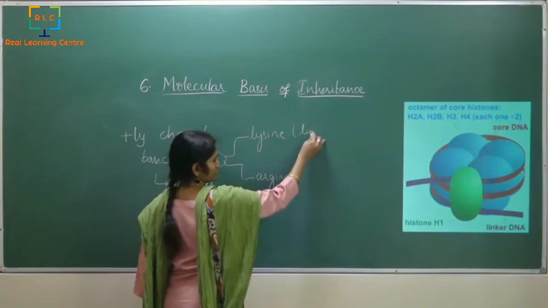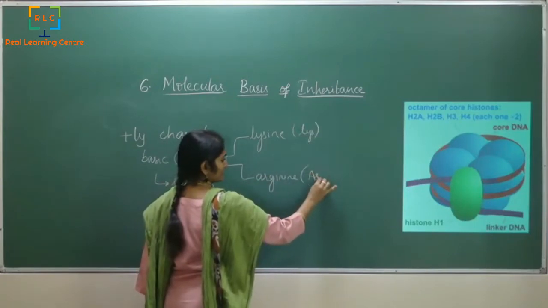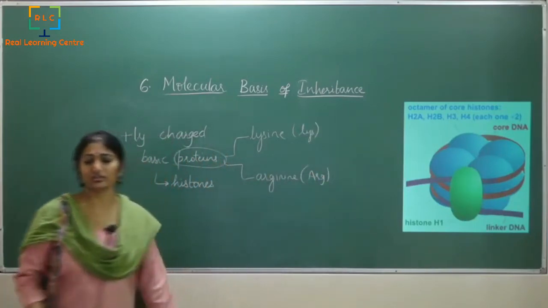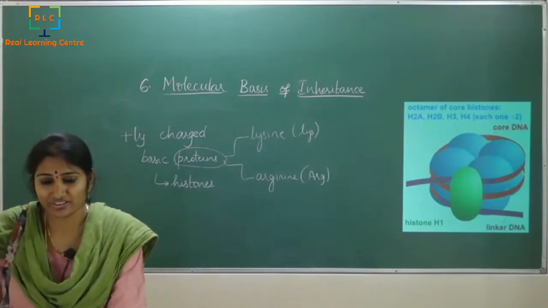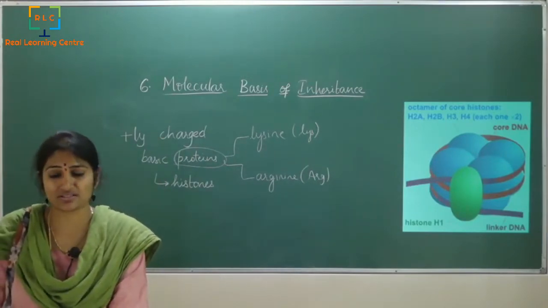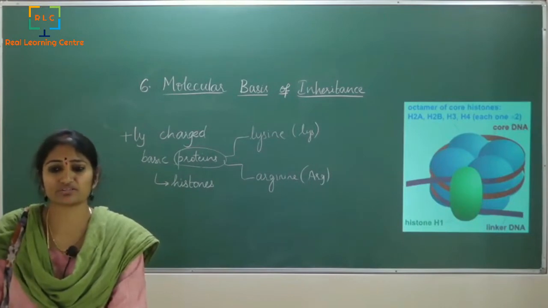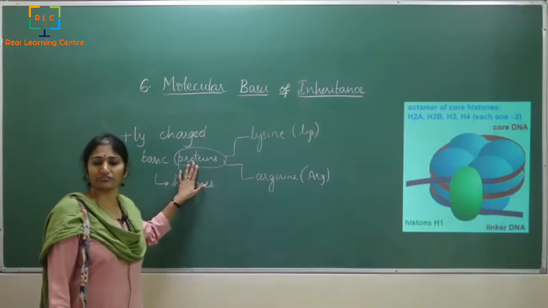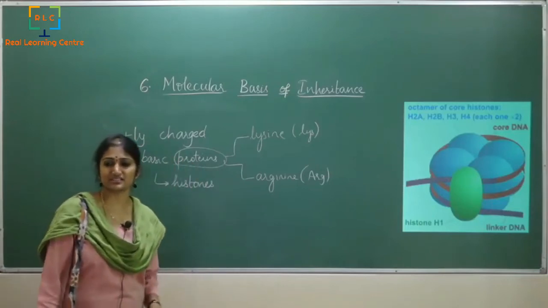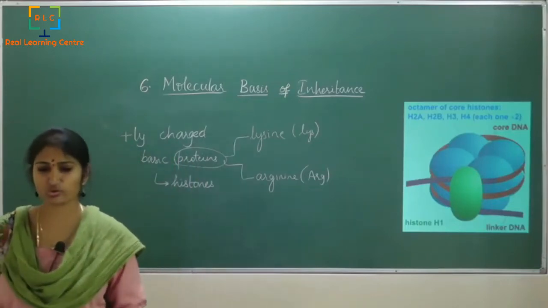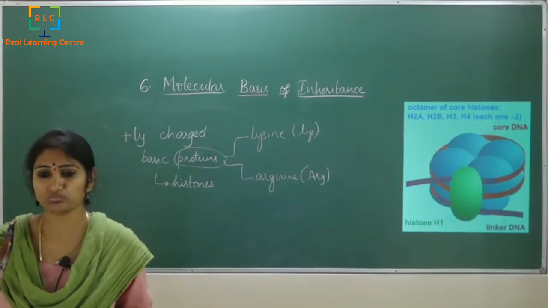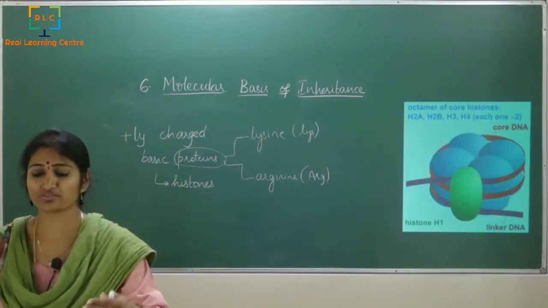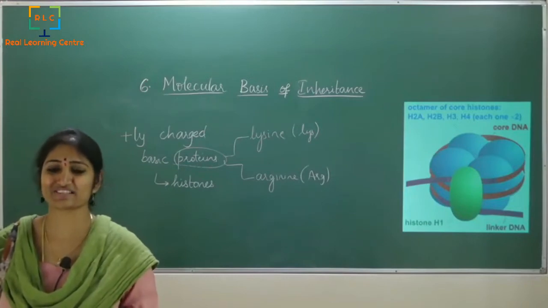We write it as lysine or arginine, LYS or ARG. Both of them are positively charged, and the histone proteins are very rich in lysines and arginines, and therefore they are basically basic proteins, positively charged proteins, right?